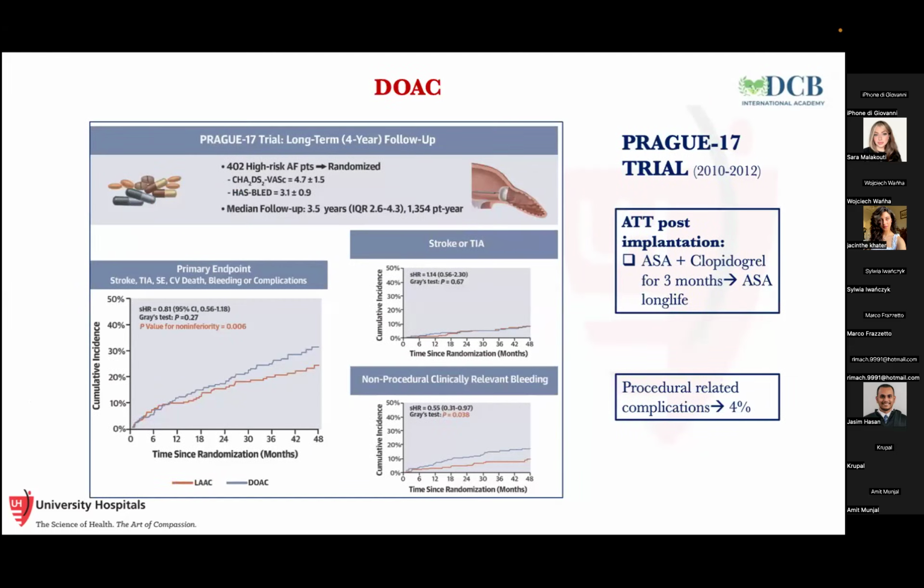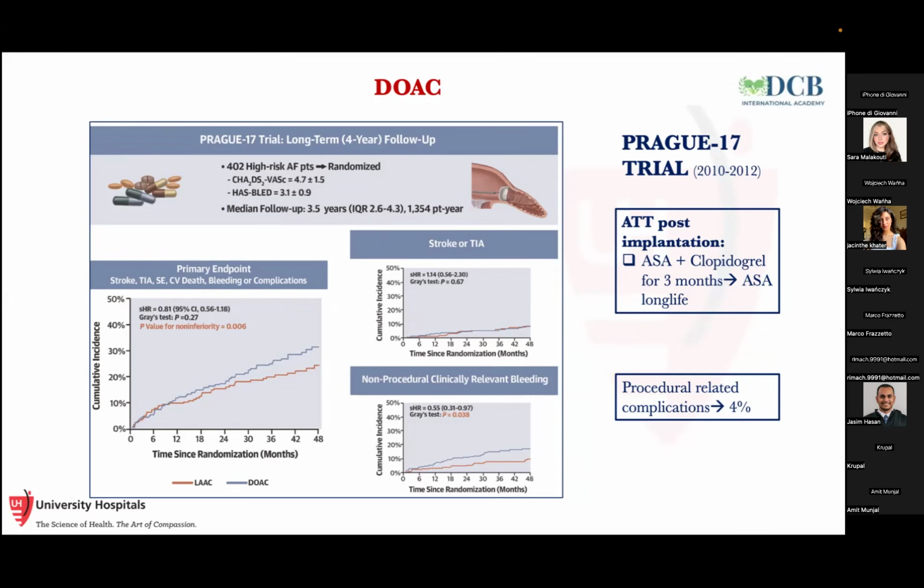The trials we have seen, the PREVAIL and the PROTECT, are focused mainly on VKA. There is a trial, the PRAGUE-17 trial, that focused mainly on new oral anticoagulant therapy, or direct oral anticoagulants. This is a trial that enrolled 400 patients, high bleeding risk, high thromboembolic risk, median follow-up of 3.5 years.